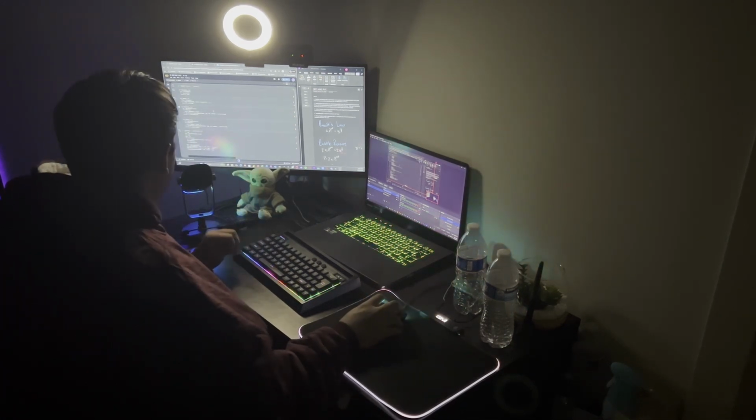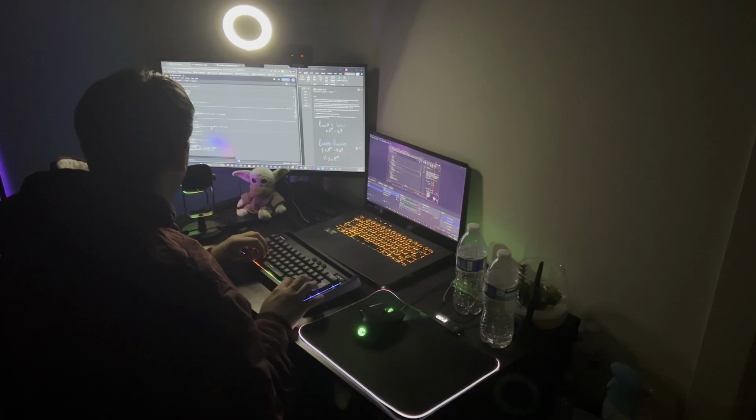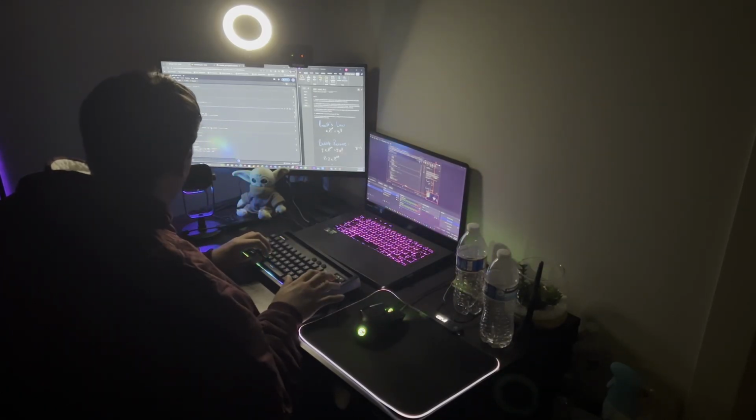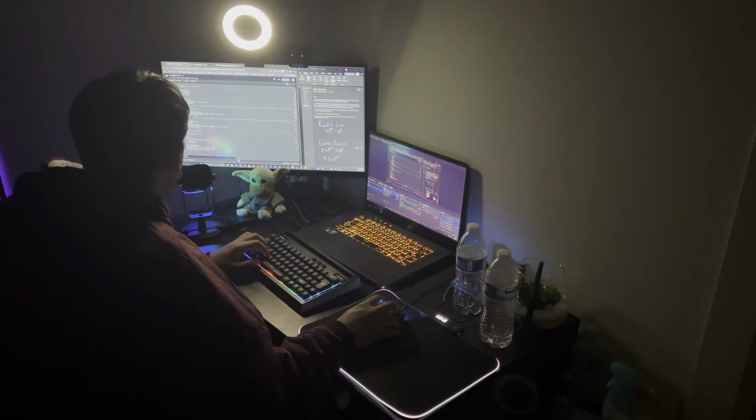Okay, I did find a little mistake. Initially I thought this was supposed to be in brackets, but actually it's supposed to be equal to each other.